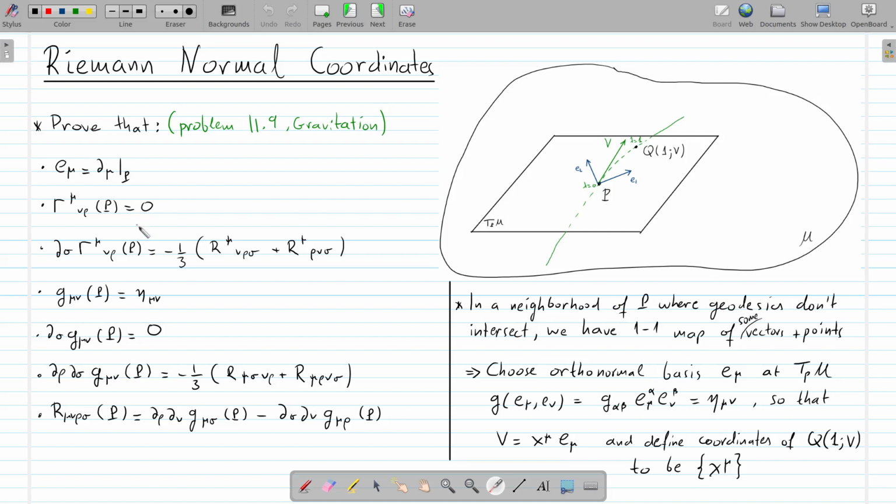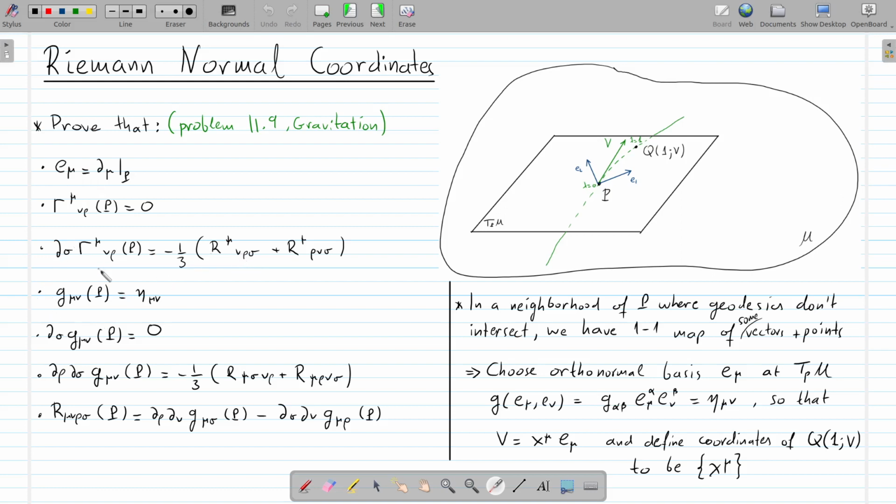Now there is a less trivial property of this coordinate system that states that the first derivatives of gamma at the point P are given by the components of the Riemann curvature tensor. We have not defined that yet, we will see that in the following video, but this tensor defines what is called curvature in a manifold.